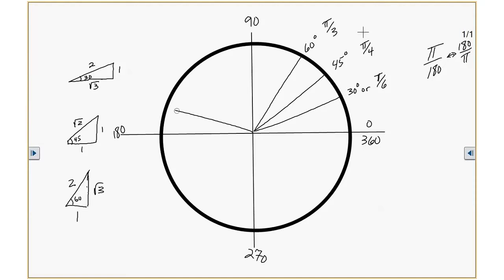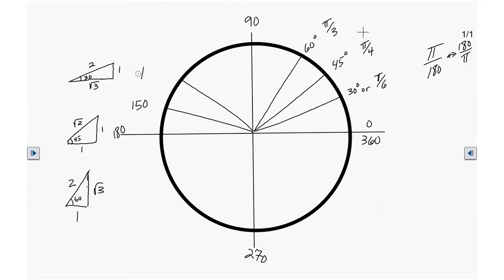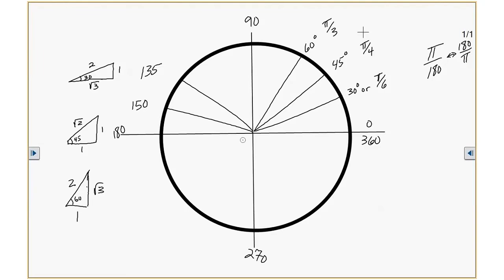Now, what's 180 minus 30? Okay. What's 180 minus 45? And what's 180 minus 60?